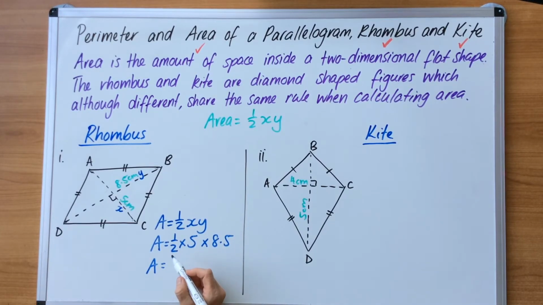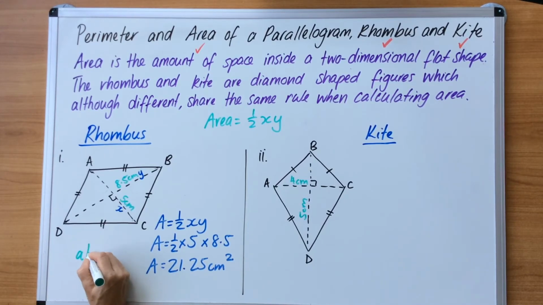Calculate that by punching into your calculator. 1, ABC fraction button, 2, times 5, times 8.5, and you will get 21.25 centimetres, and because it is area, it is squared. And just identify that ABC fraction button if you have forgotten. It looks like this on your calculator.